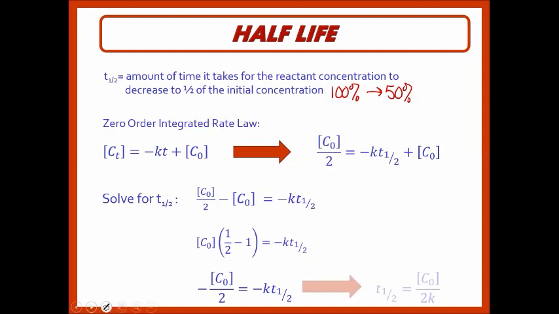And finally, solving for half-life, we divide by the negative rate constant on both sides, leaving us with the zero order half-life equation equal to the initial reactant concentration over 2 times the rate constant.